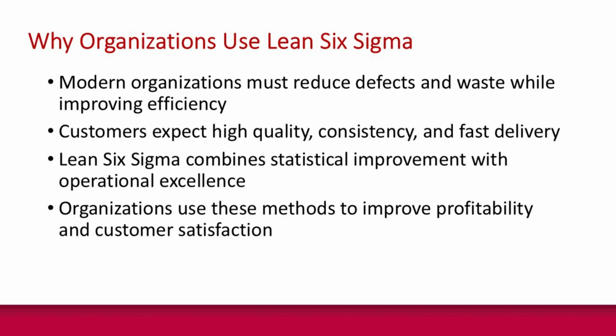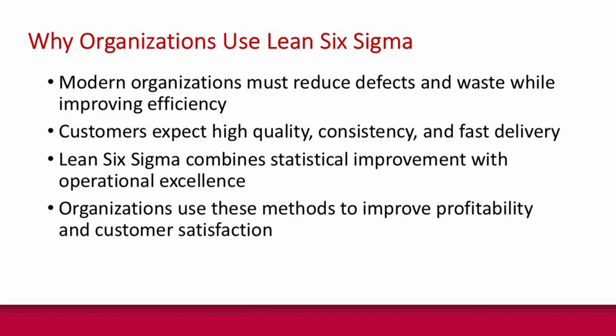Modern organizations operate in highly competitive environments. Customers expect high quality, fast delivery, consistency, and reliability. And when companies fail to meet those expectations, customers often go elsewhere. Lean Six Sigma provides a structured method for improving operations while reducing waste and defects.